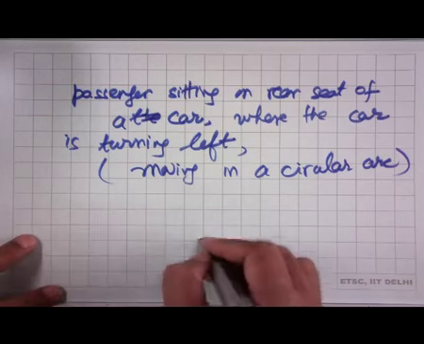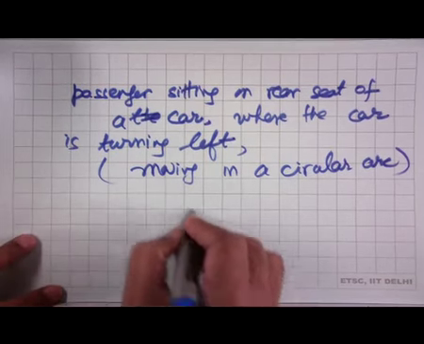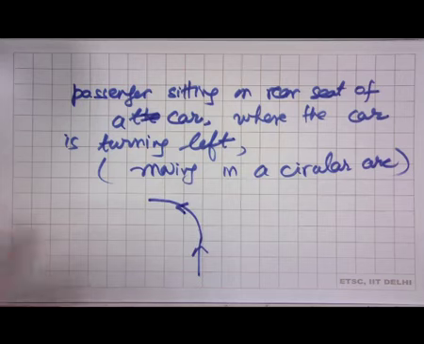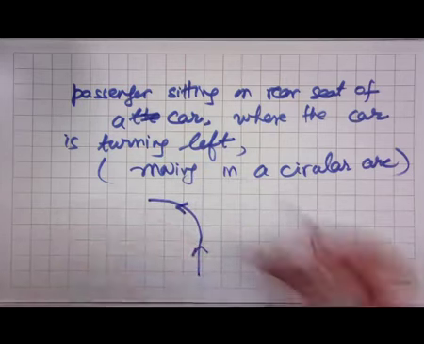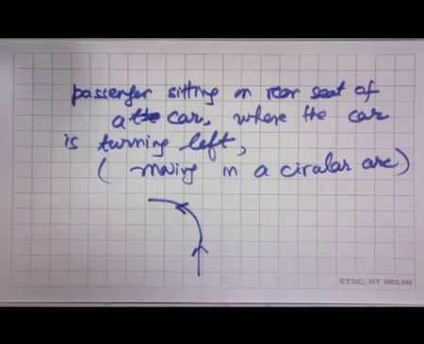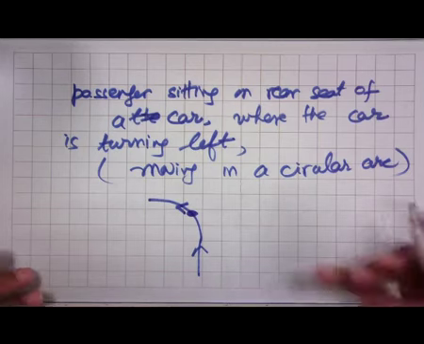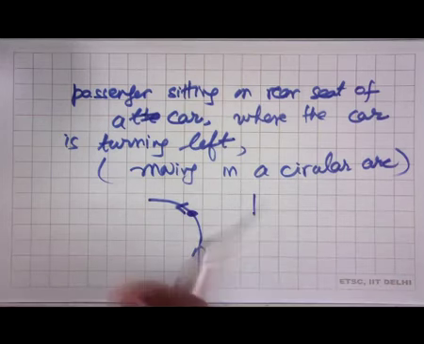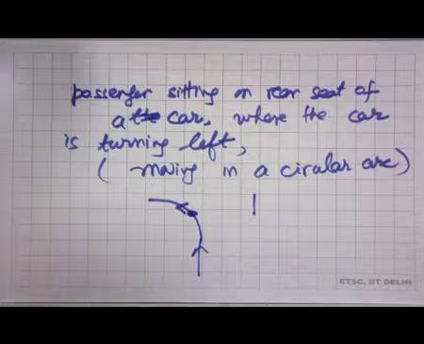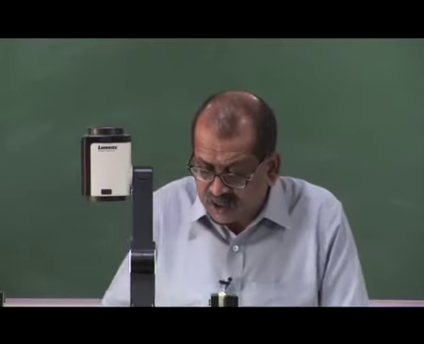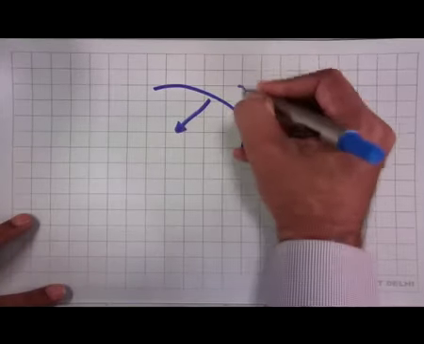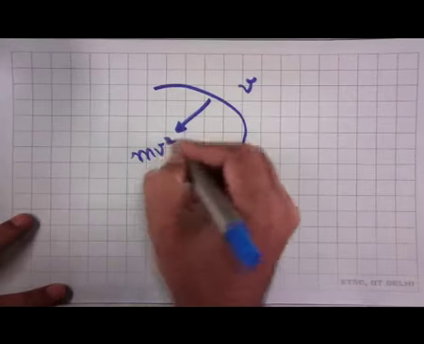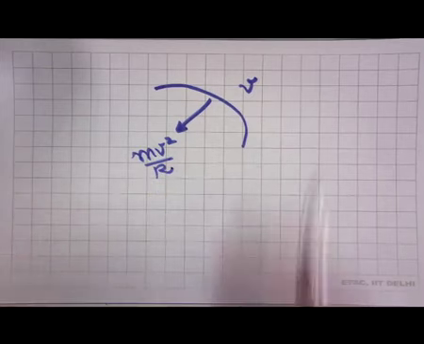The car was initially moving straight and then it starts to turn left. So, we assume it is an arc of a circle through which the car is turning. Now, if there is a passenger sitting in the car, we are trying to analyze the situation of the passenger. Since the car is moving in a circle with a velocity v, there is a force mv square upon r acting on the car.